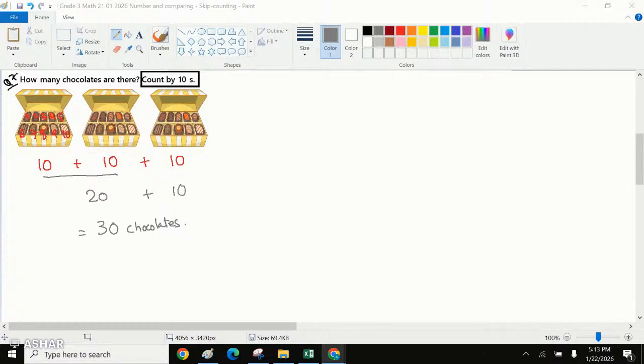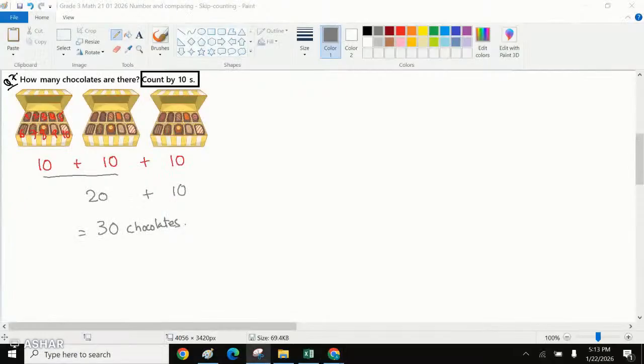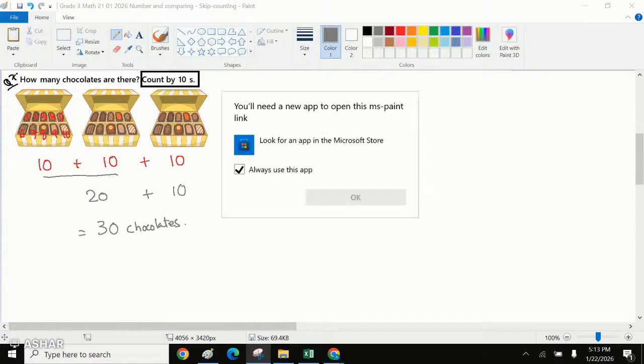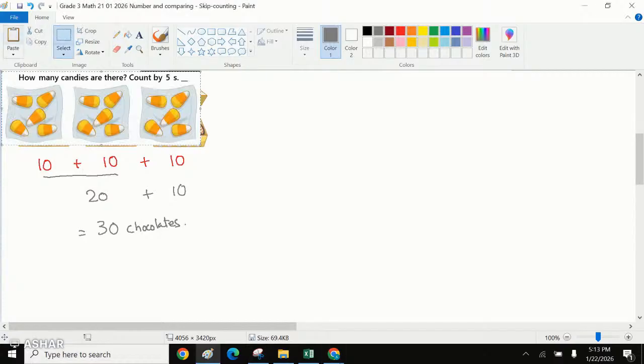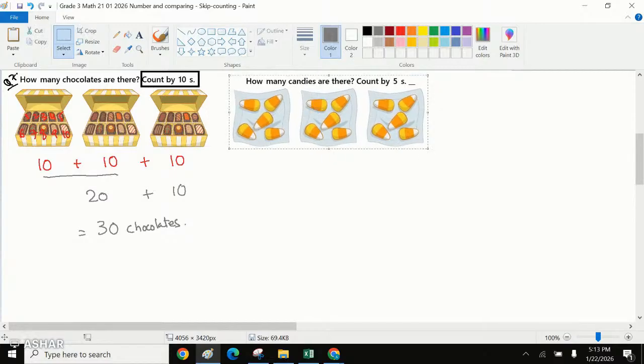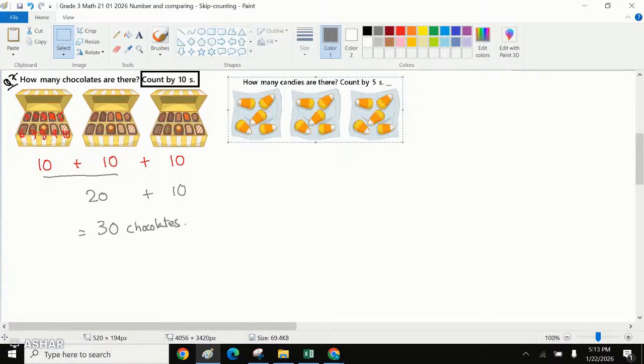The next question we have is, they're talking about the number of candies and we need to count by fives. For the next question, how many candies are there? And you need to count by fives. Let me change the number of candies.